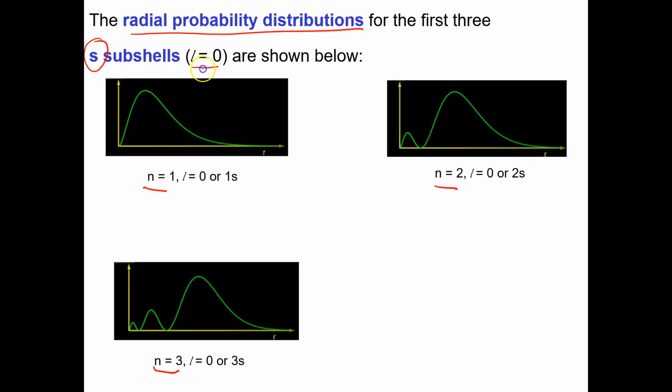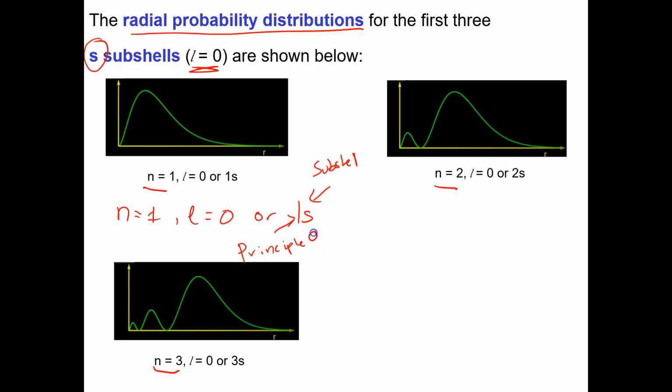And as they are s subshells, they all have L equals 0. So rather than writing n equals 1, L equals 0, we can abbreviate that as 1s.